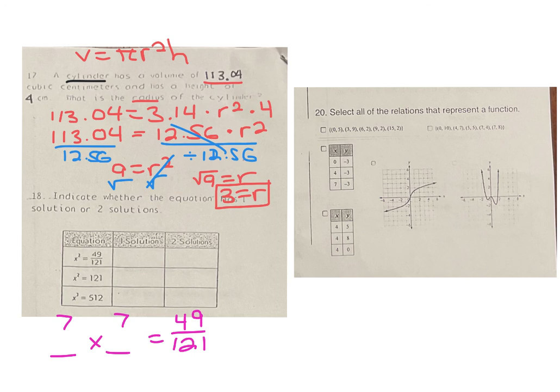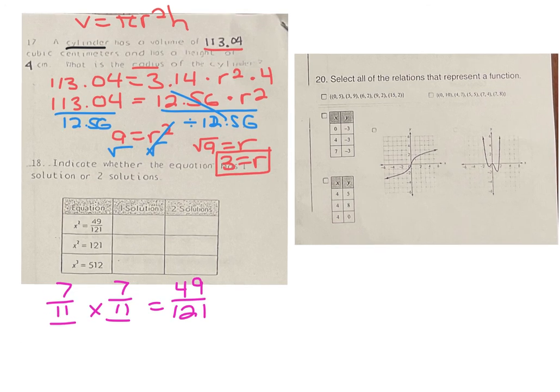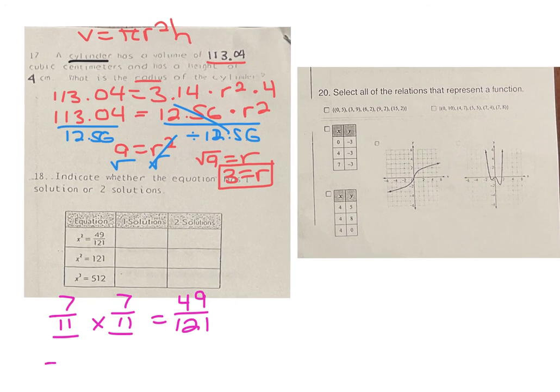To get 121, I would take 11 times 11. Now a positive times a positive equals a positive. In the same token, if I take a negative 7/11 times a negative 7/11, those negatives will cancel and will also equal positive 49 over 121. Because of that, that has two solutions. We say it has the positive and the negative of 7/11.